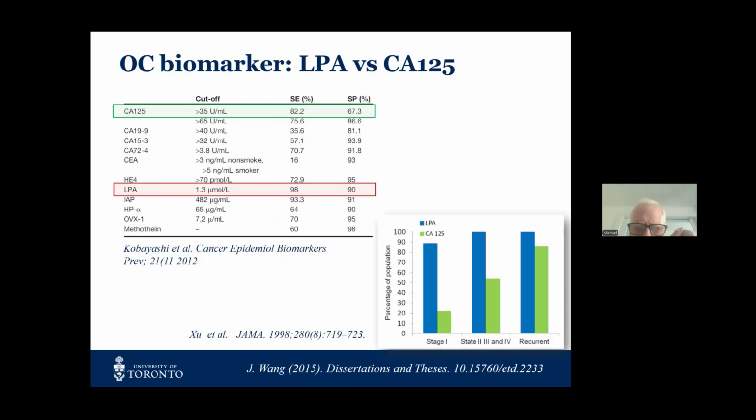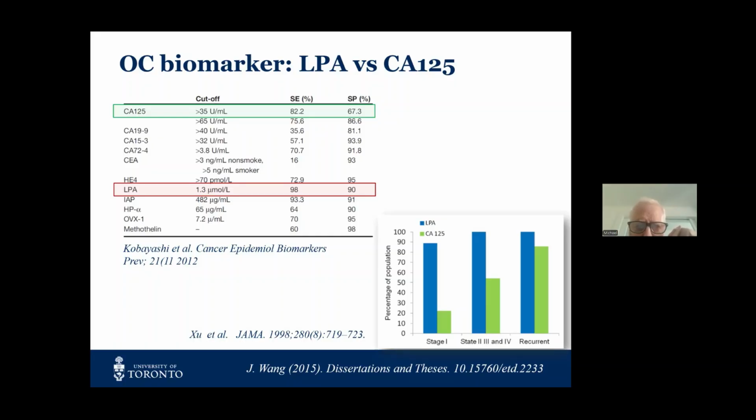If you compare it with the so-called gold standard, which is the CA125 marker, which has been around for the better part of 30 years, it actually stands up really well against CA125.